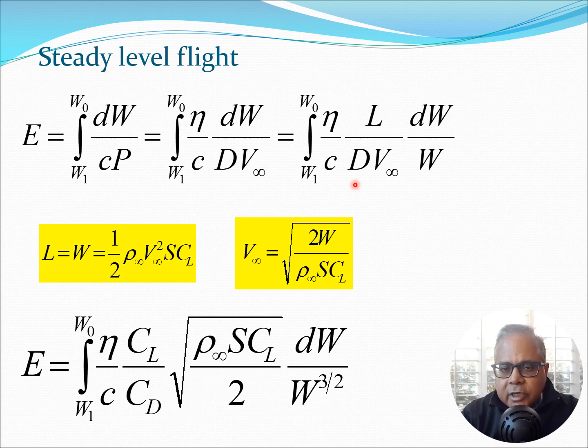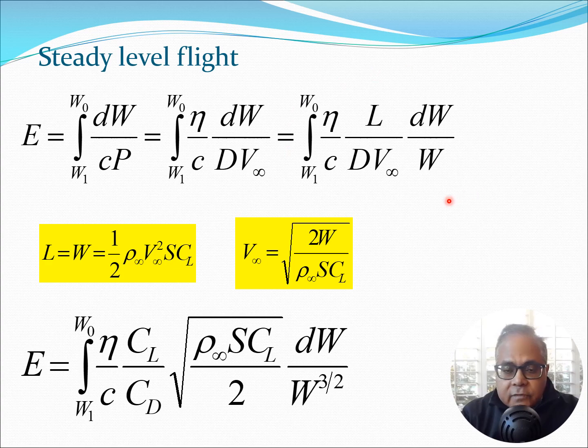I multiply and divide this equation by W, and then I use the fact that W equals L. That is how I am able to bring lift into this equation. Remember that L is equal to W. The reason I do this is that I want to express this in some form involving lift and drag.